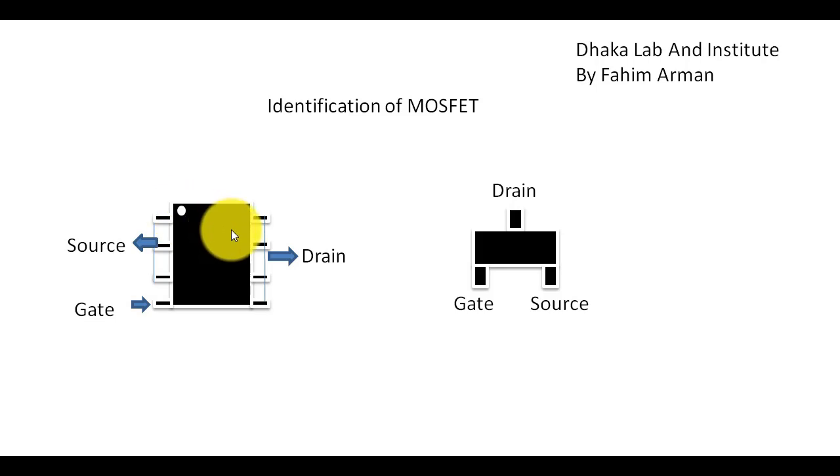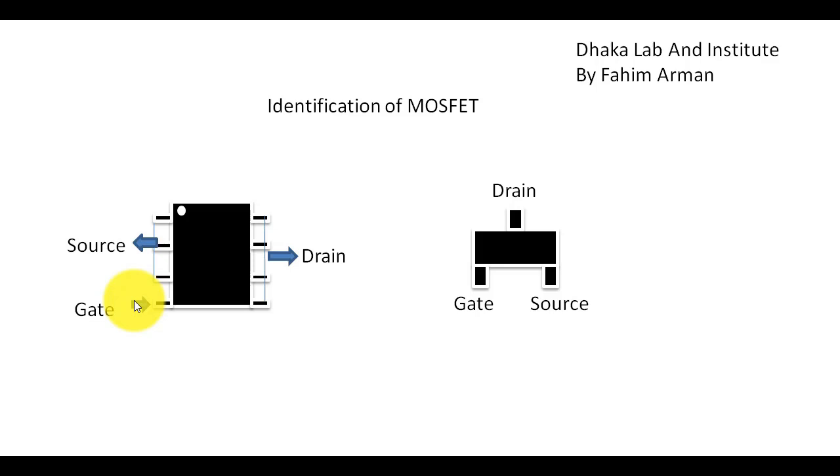and on the right side of that spot there will be 4 pins, and those 4 pins are drain, and on the left side of that spot there will be 3 pins. These pins are called source, and after that there is 1 pin, that is gate.